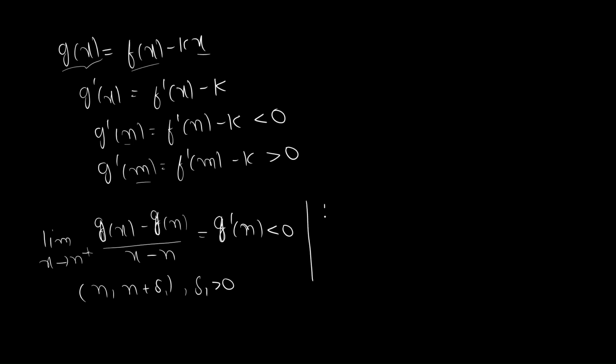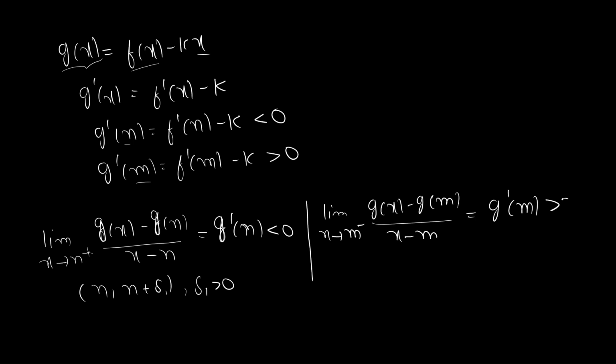And similarly, if I take limit x tends to m minus, which is greater than 0 from here. Now, again here I took m minus, which implies that there will exist a delta 2 such that in m minus delta 2 and m, the function is strictly increasing, where delta 2 is greater than 0.